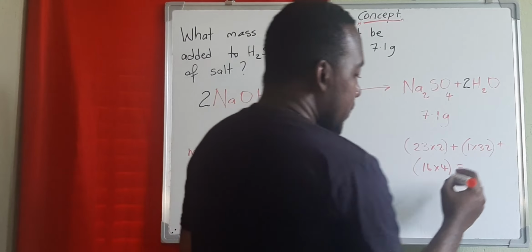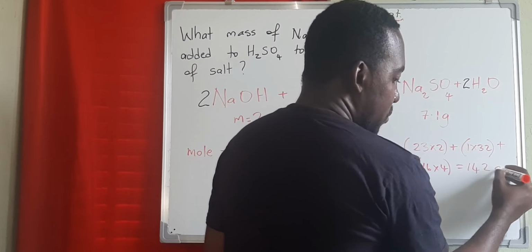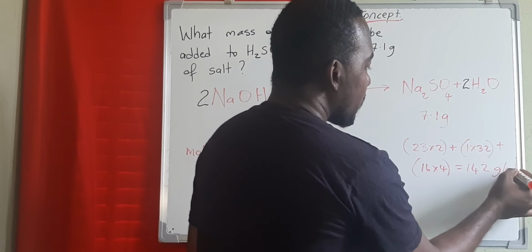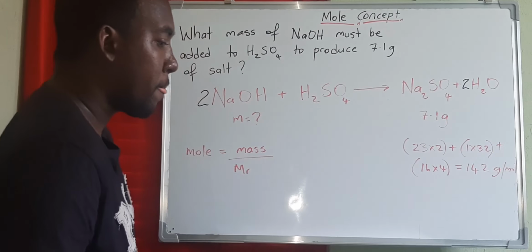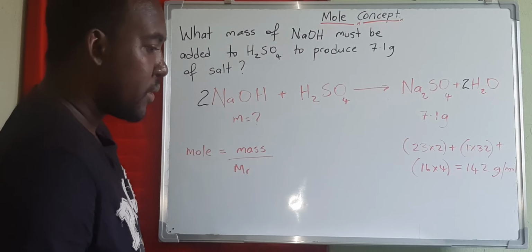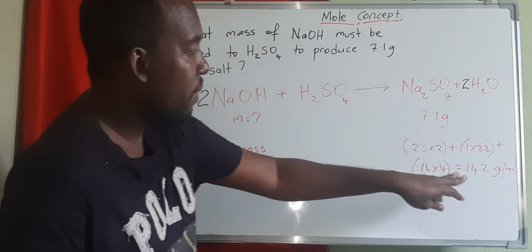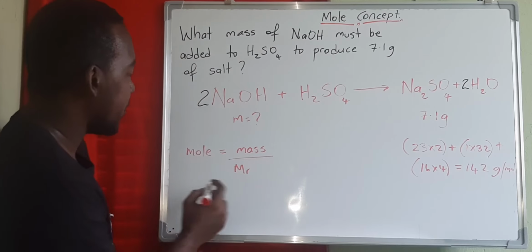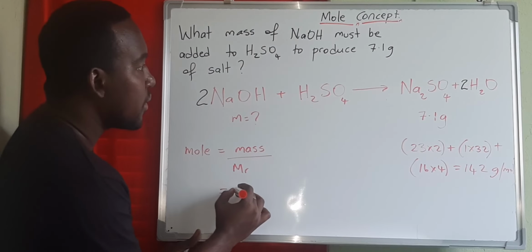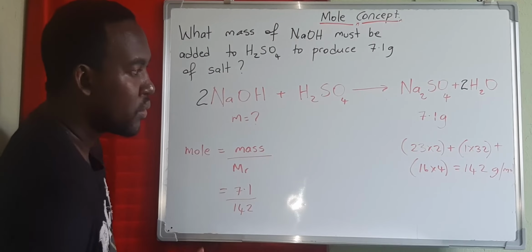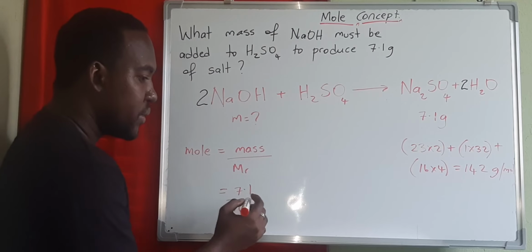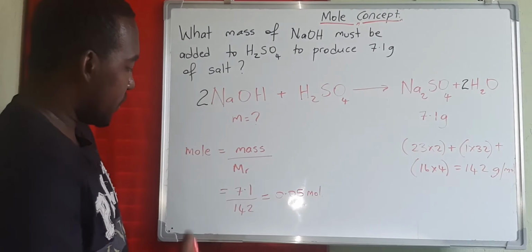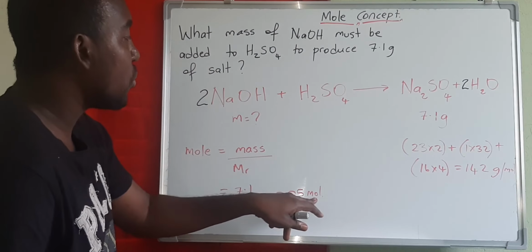And that would give us 142 grams per mole. All right, so that is the molar mass of sodium sulfate. So now we can find the mole, which is the mass, 7.1, divided by 142, and when we do that, we get 0.05 mole, right?